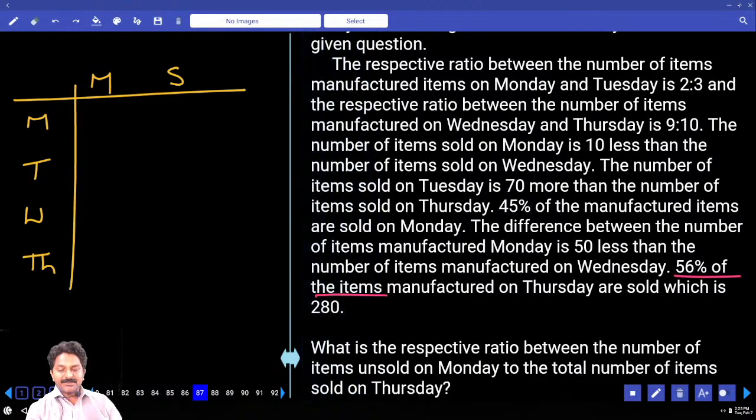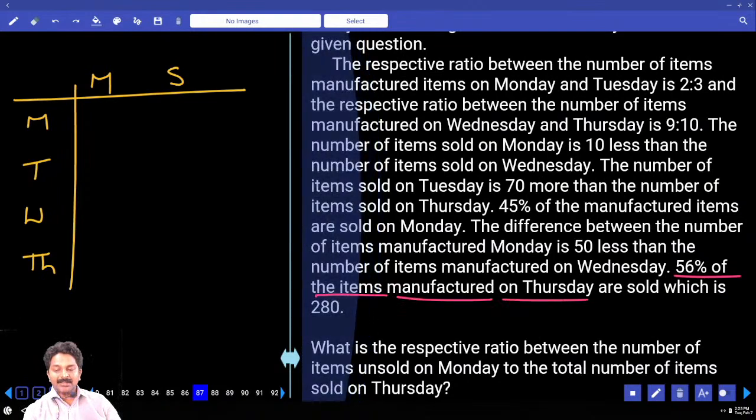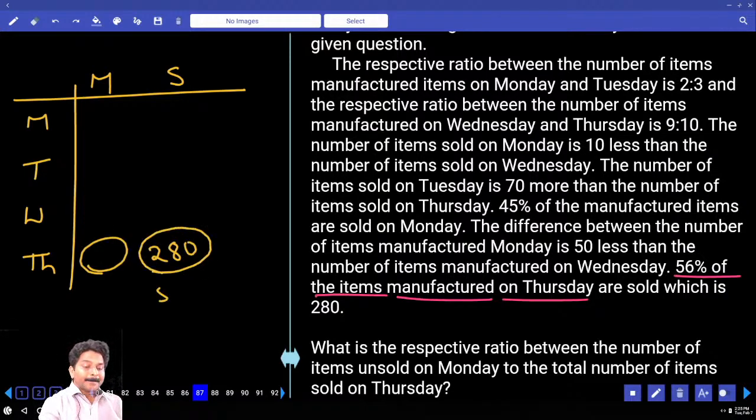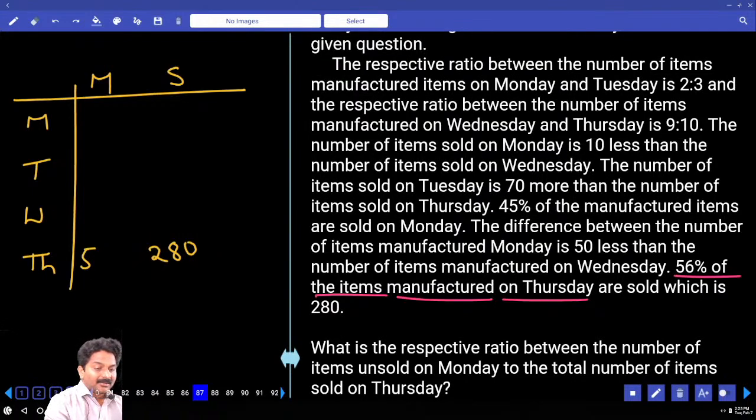56% of items manufactured on Thursday are sold, which is 280. Sold items are 280. If manufactured is 100%, and 56% is 280, then 1% is 5. So 100% is 500.